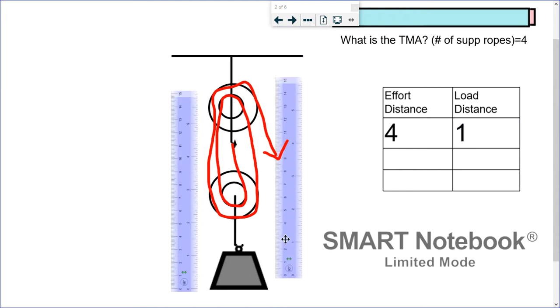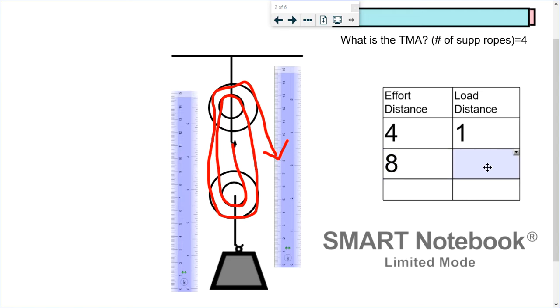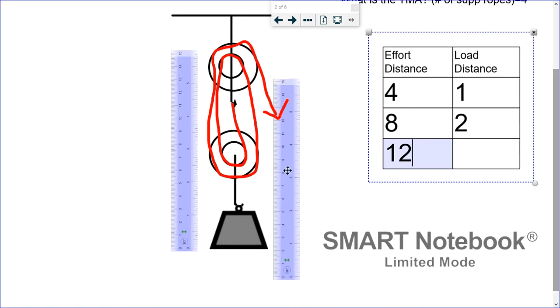Okay, then if we try moving this effort force 8 centimeters, we would find that the load would move 2 centimeters. And if we move the effort 12 centimeters, then we would find that the load would move 3 centimeters.